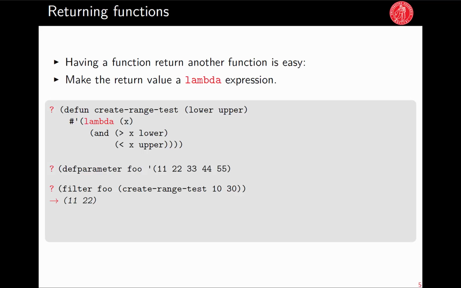We call create-range-test with 10 and 30. The result is a list that contains only 11 and 22, the only elements of the list foo that return true for this predicate. If we call create-range-test with other arguments, we get another return value for a call to that same filter function.